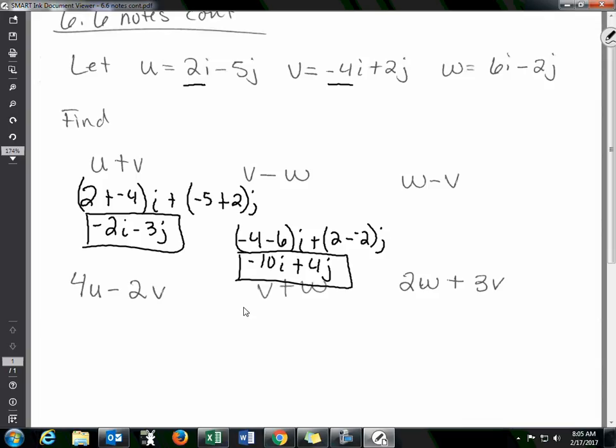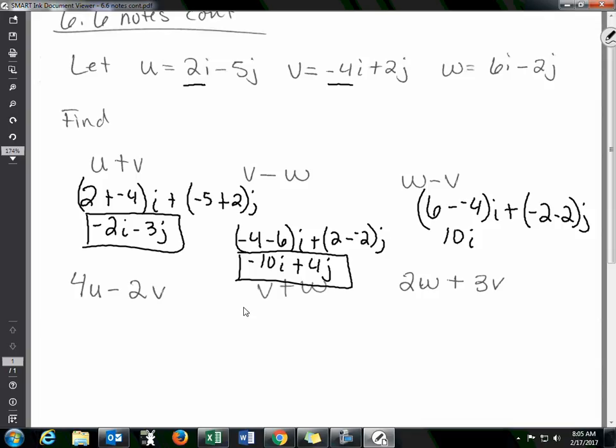Okay? w minus v. And you'll see why order is important, because v minus w and w minus v will not equal the same thing. So for w minus v, I go 6 minus a negative 4, that's i, plus, and then negative 2 minus 2, that's j. 6 minus a negative 4 is 10i.